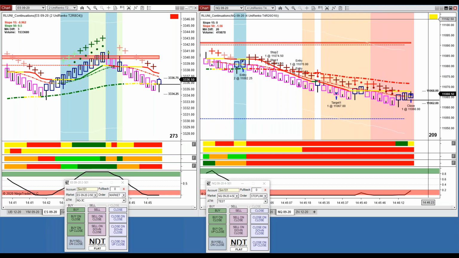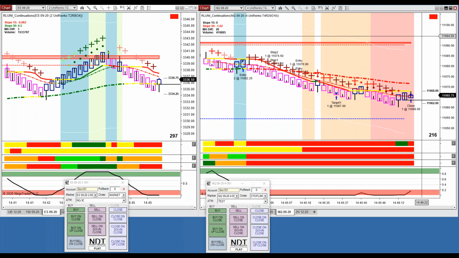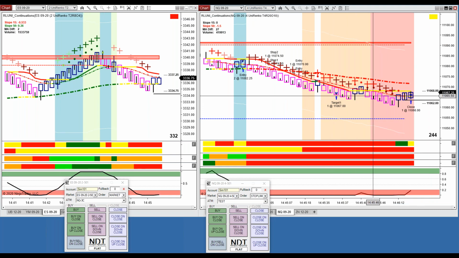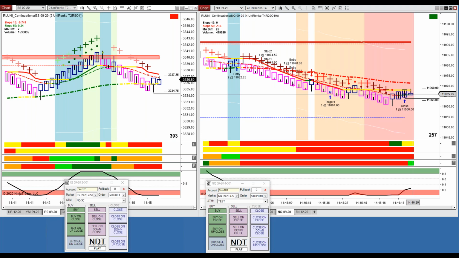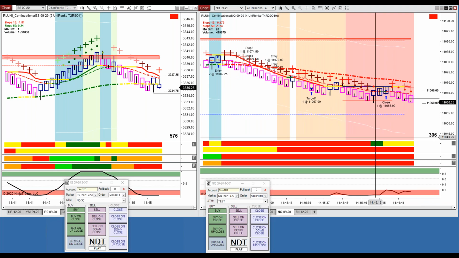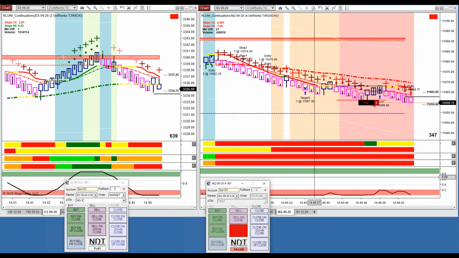Okay, see the line change color and you're out. So this got you a decent runner. Not a stellar one. And we're just trading, a lot of chop. But I just hope you can see how effective it is. And if you trade, remember the NASDAQ is very difficult to trade and we need perfect trades. We're going to sell it down close. Order submitted. Order failed.